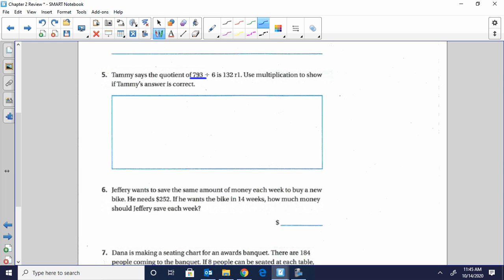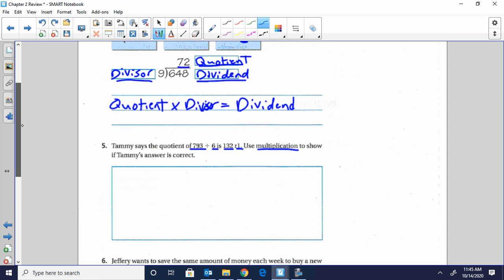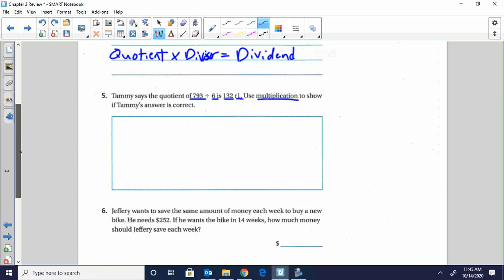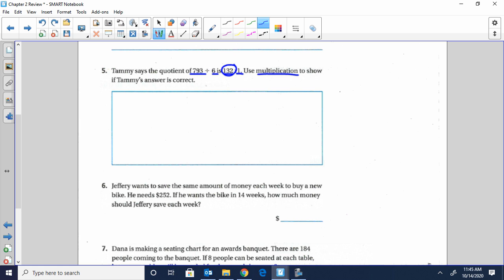793 divided by 6 is 132, remainder 1. We want to use multiplication to check and show that Tammy is correct here. So we're going to take, just like we talked about up here, quotient times divisor. You're going to take quotient times divisor. 132 times 6. 6 times 2 is 12. 6 times 3 is 18.